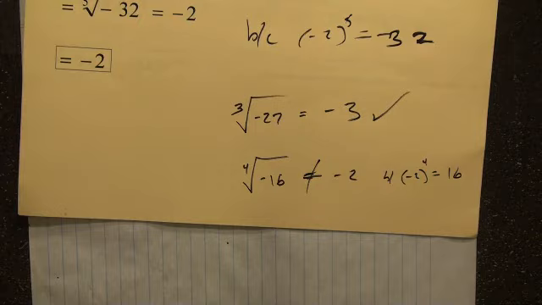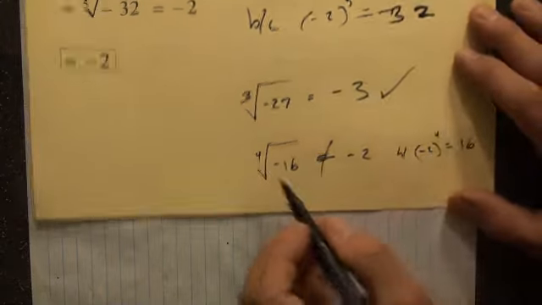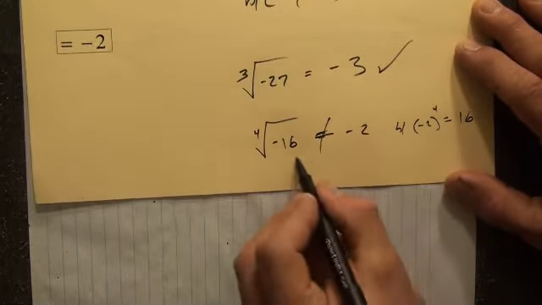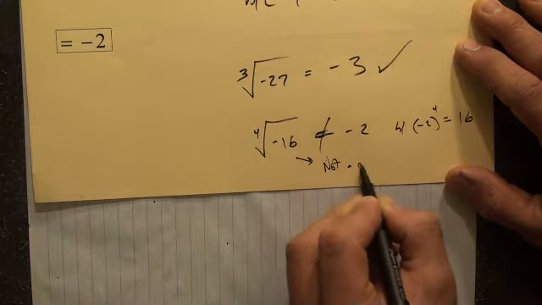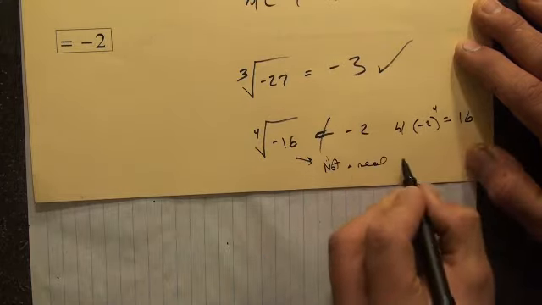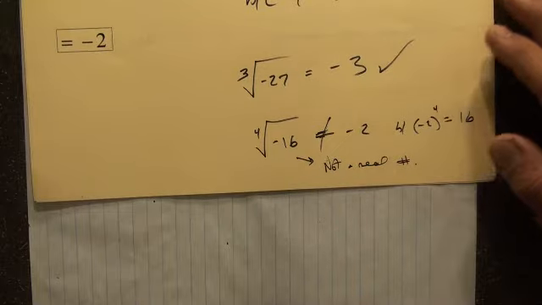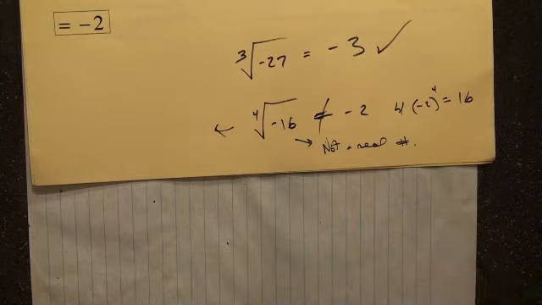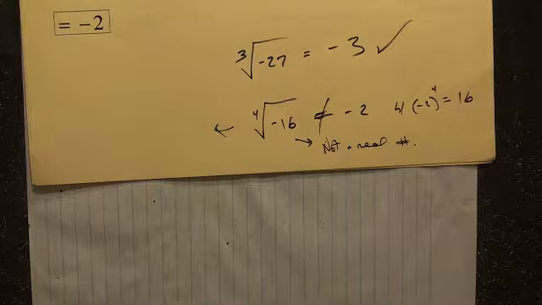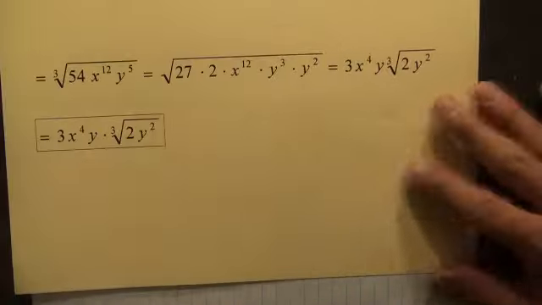Positive 16. Which is why if we were asked to do fourth root of negative 16, we would say not a real number. Okay. Now what you could do is you could do a complex thing. You could take out an i and everything else, but it's not going to generally be done all that much. So we can address that in a different video.